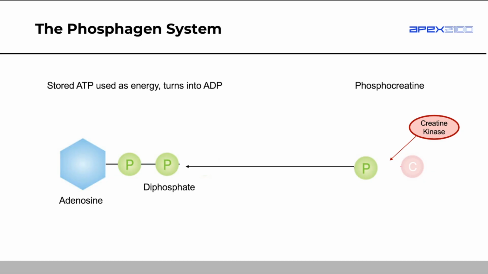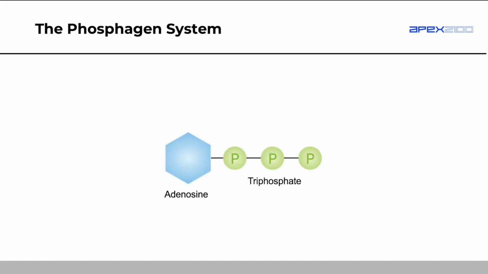The creatine kinase will break that bond between the phosphocreatine, and the leftover phosphate group will join back up and create adenosine triphosphate.